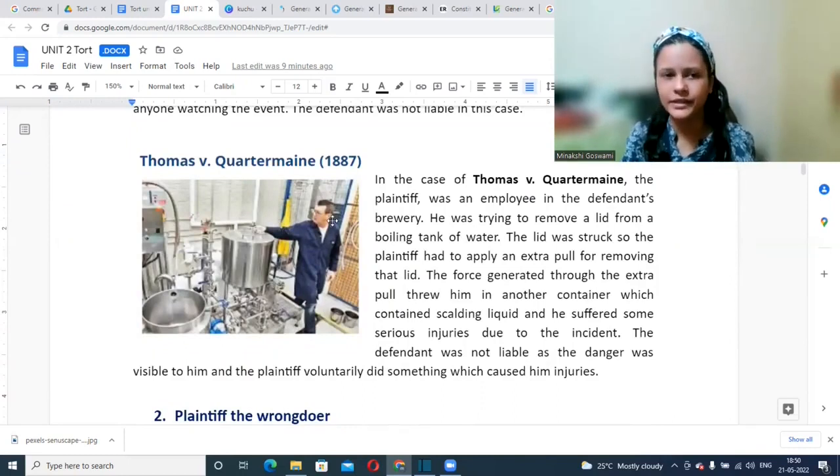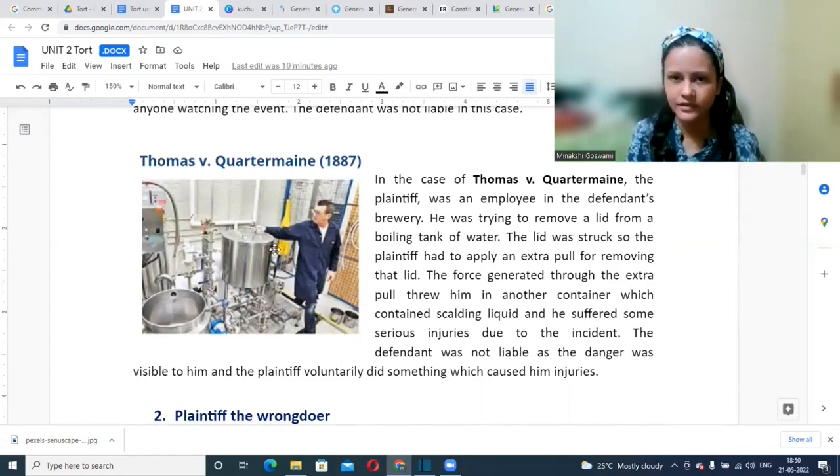Similarly, there was another case wherein there was a company producing drinks and all. There was some boiling hot water in one of the containers, and an employee was there. He knew that the water was boiling inside it, and he wanted to remove the lid. This kind of covered lid was there.